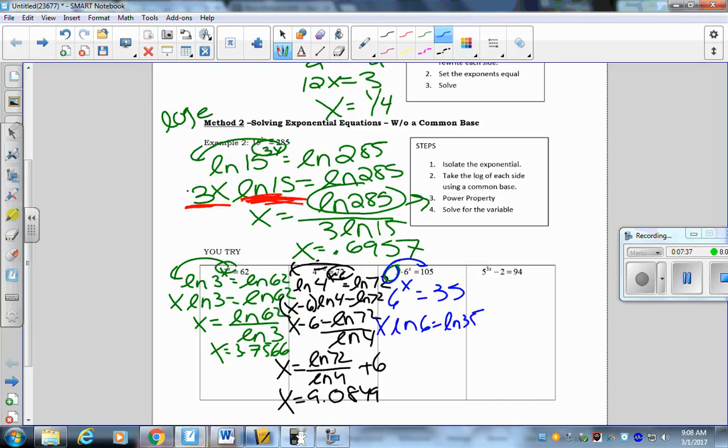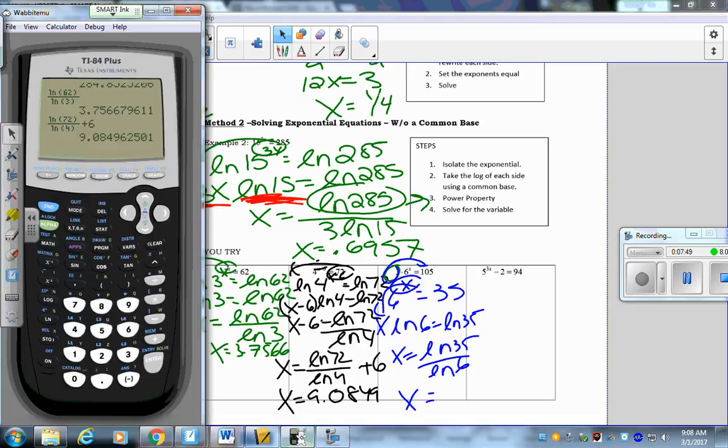So I took the log of both sides and did my power property at the same time, right? X equals natural log of 35 divided by natural log of 6, 1.9842. And it does work.